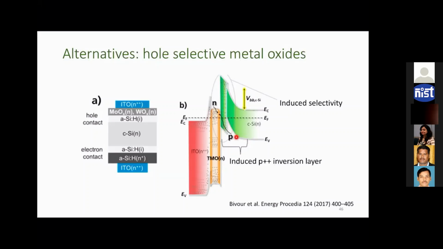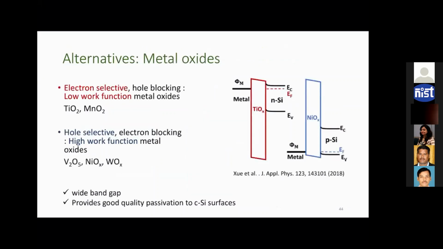And because of the presence of this inversion layer, now the valence band of your crystalline silicon gets aligned with the conduction band of your metal oxide. Okay, so this is different from the nickel oxide case. I am repeating this because in the nickel oxide silicon heterojunction, there is an alignment between the valence bands.